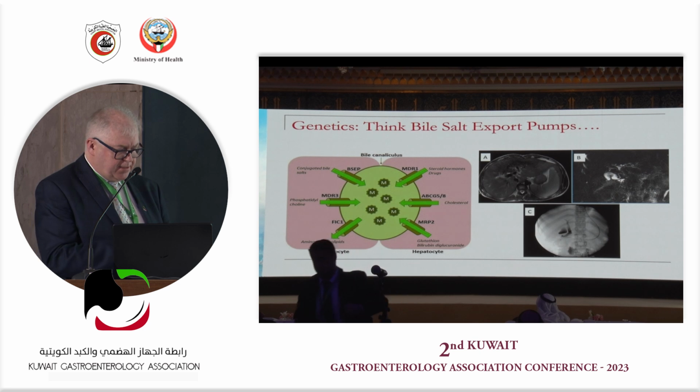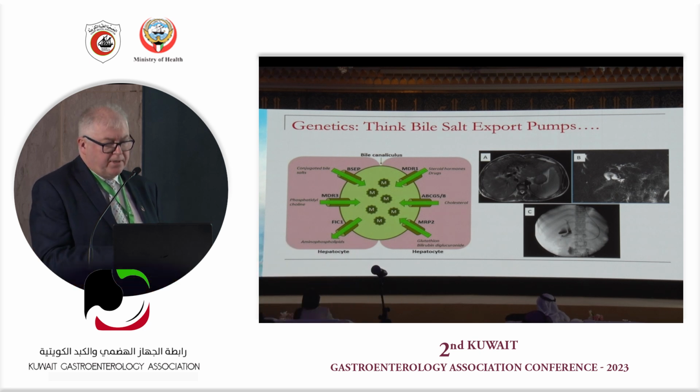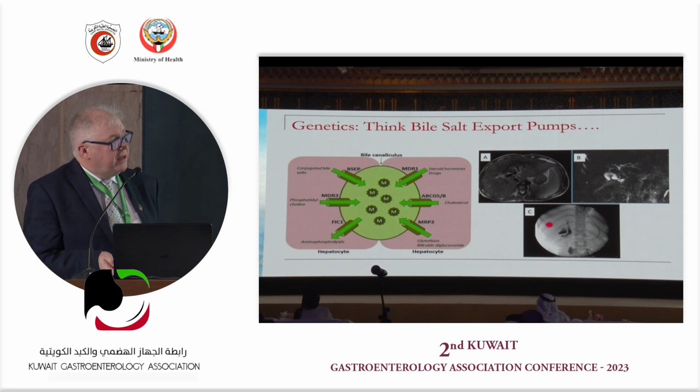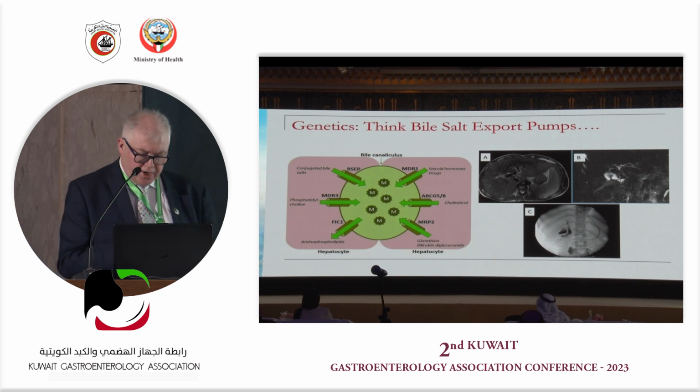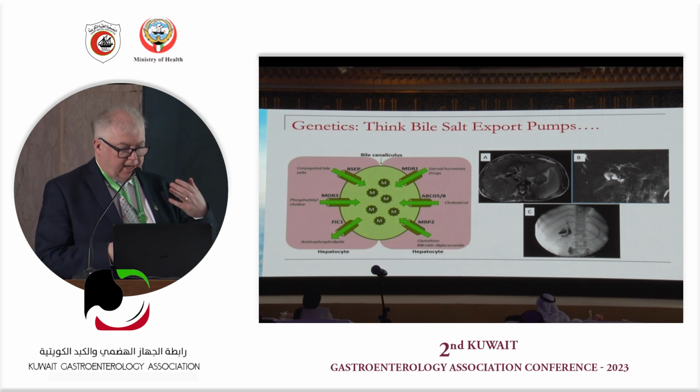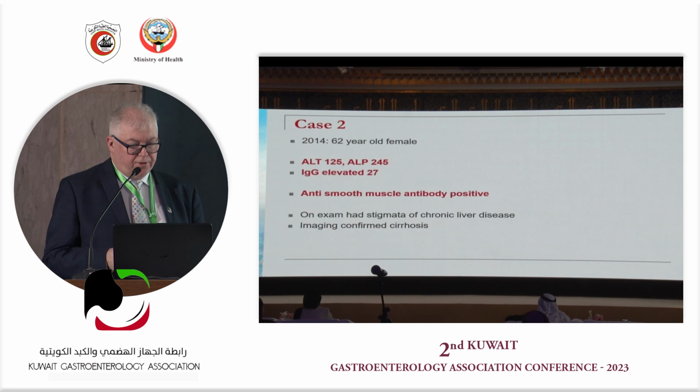If you find these patients, actually one of the treatments that we are increasingly doing with these is placing nasobiliary drains. It shortens the duration of jaundice, and it also improves the itch really quite dramatically for them.